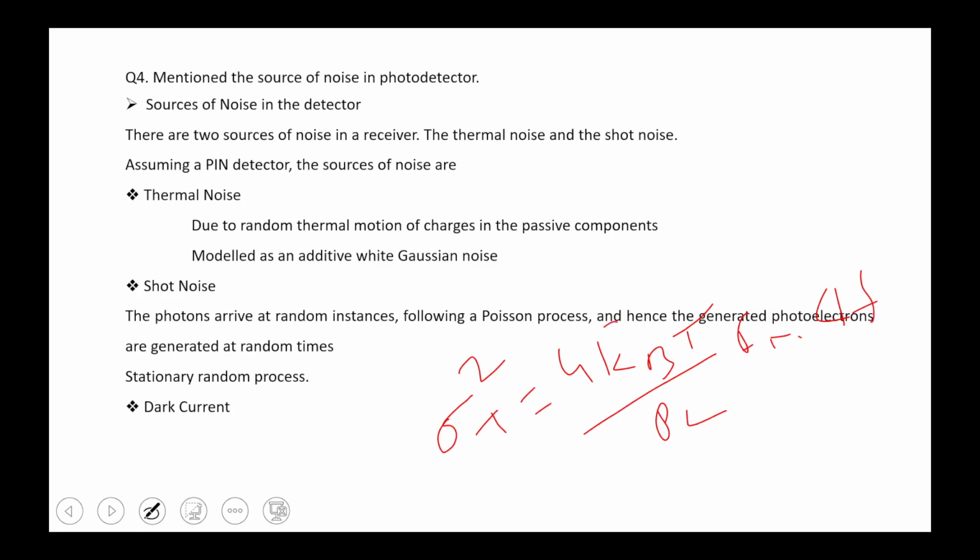K_B is the Boltzmann constant, T is the temperature, R_L is the effective load resistance, delta f is the bandwidth, and F_n is the noise figure, through which we measure the variance of that thermal noise. Sigma square is the variance of that thermal noise.